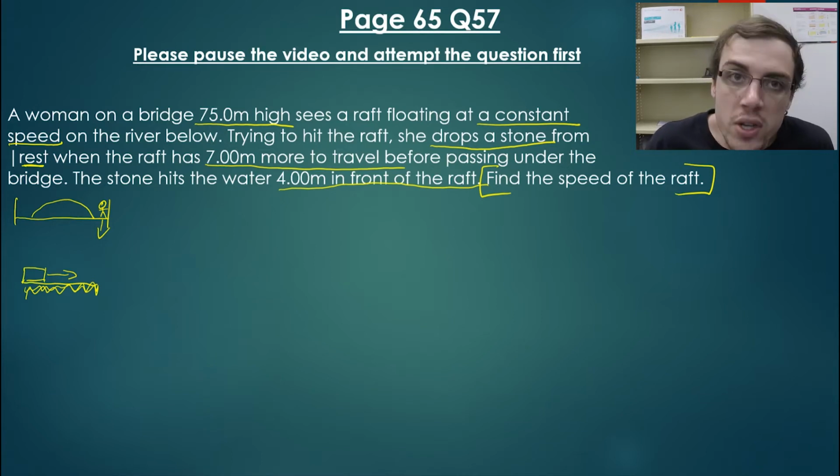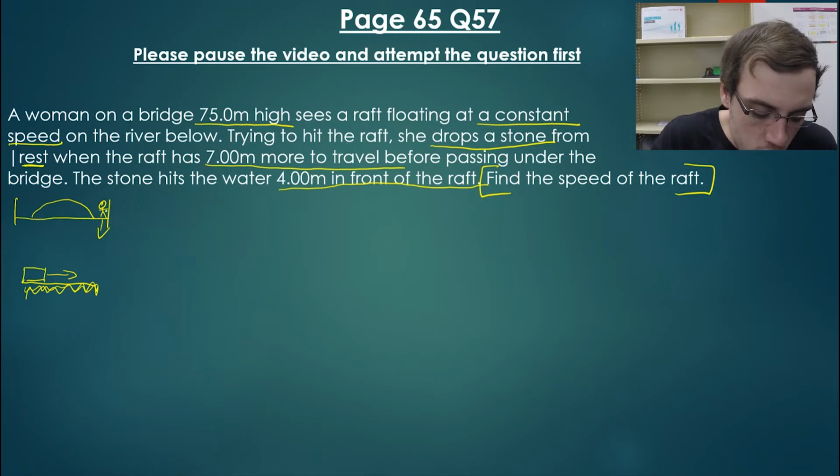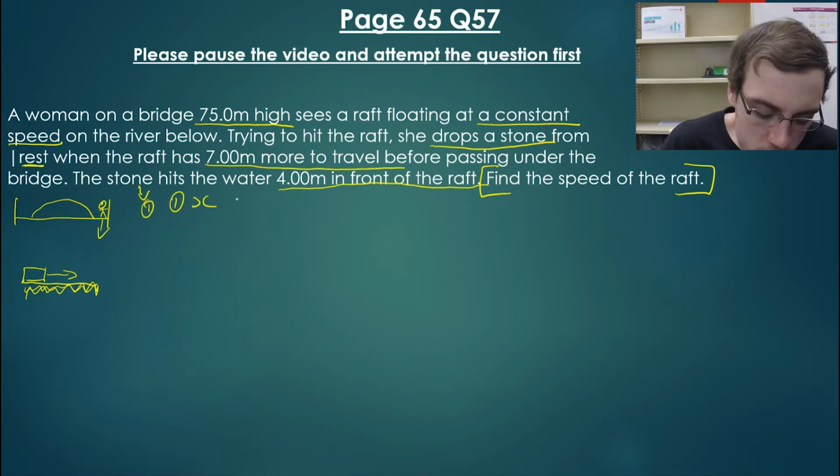So the first thing we need to do is ask, how fast was that rock traveling? How long did it take for the rock to leave her hand and hit the ground? We know that for the stone, it traveled 75 meters.